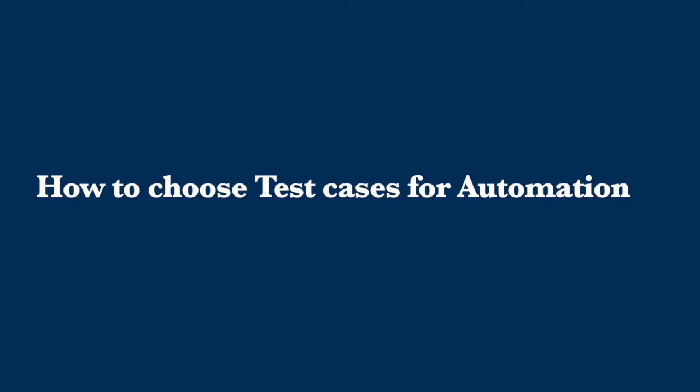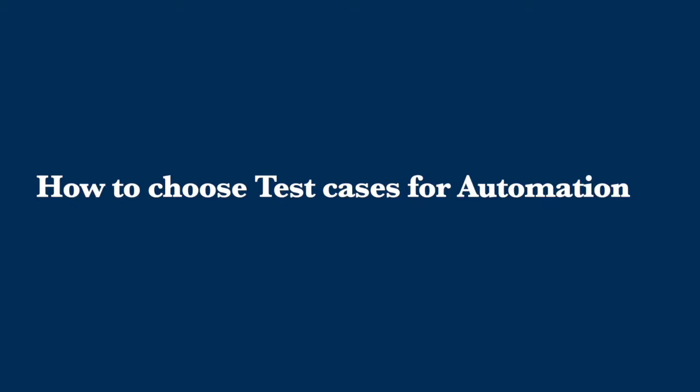So today we are going to discuss a few factors on which we can select and identify the automation test cases. Again, all these factors which we are going to discuss today are not a thumb rule or a very hard rule to select an automation test case. Most of the things will depend on the size of your product, the nature of your product, or the nature of your application.